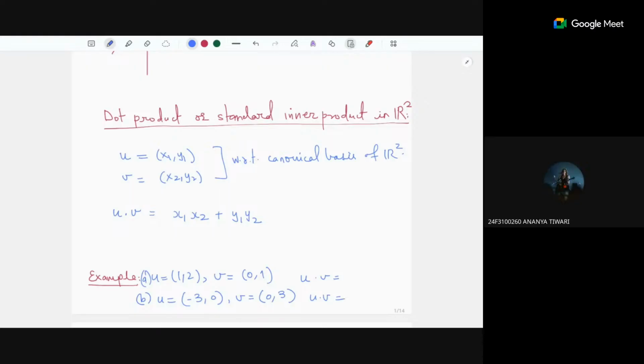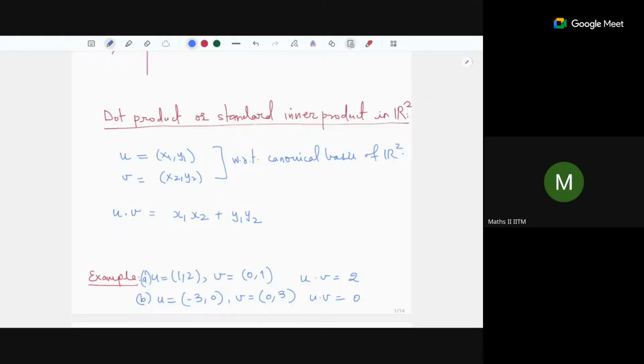For the first one, it would be 2, and the second one, 0. So this is how we define the dot product.